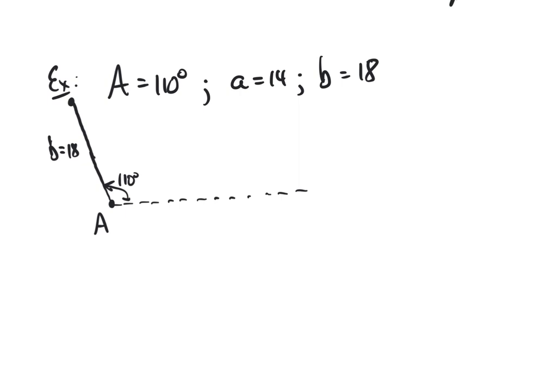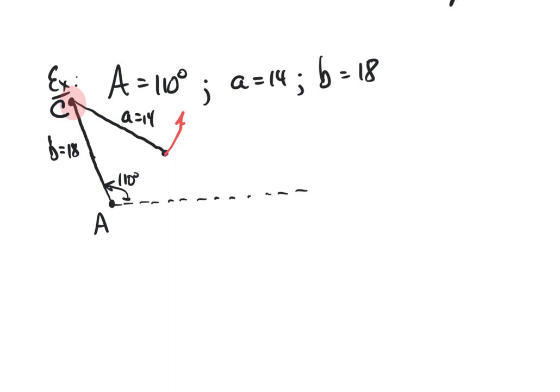Next, we consider what would happen when we try to draw side A. Side A is 14 units long. Once again, we pretend that side can pivot at angle C, so let's put in C at that point. It could swing up, which doesn't make sense because we can't create a triangle.